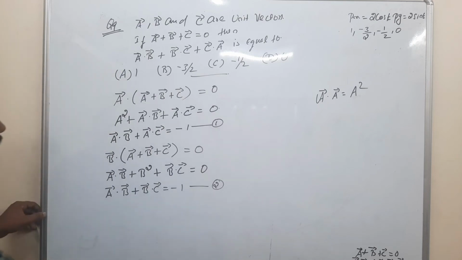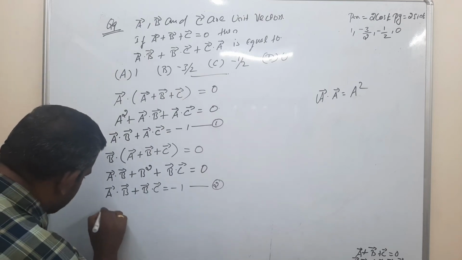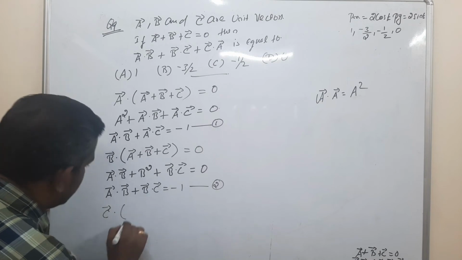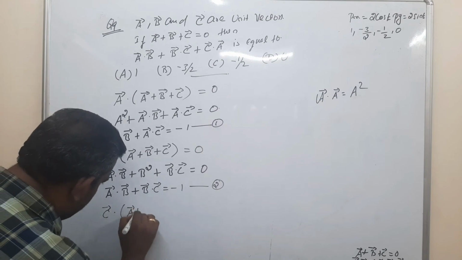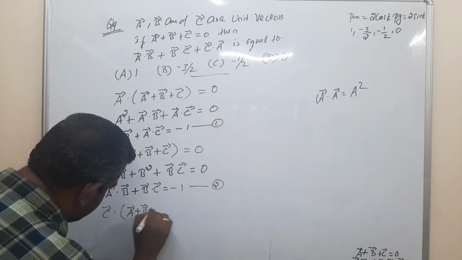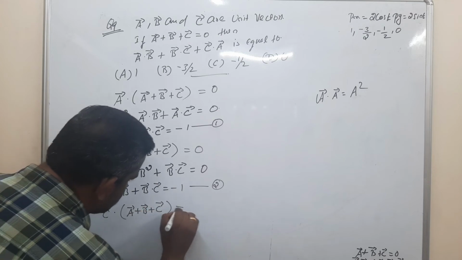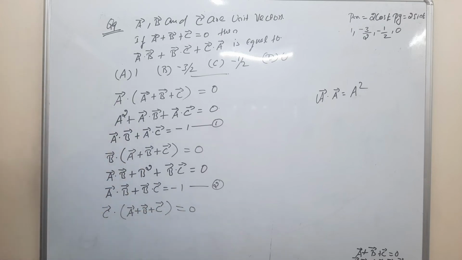Then C vector dot A vector plus B vector plus C vector is equal to 0.